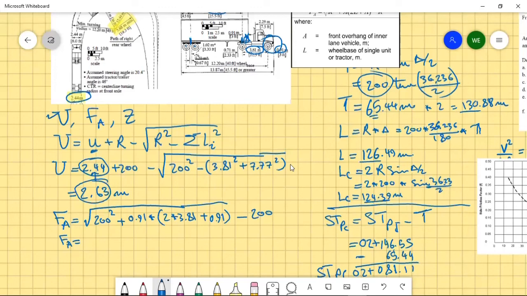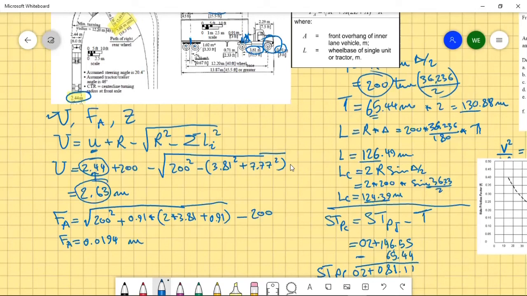So here it's 0.0194 meters. That means we're going to increase almost 2 centimeters just off the wheel track, okay.